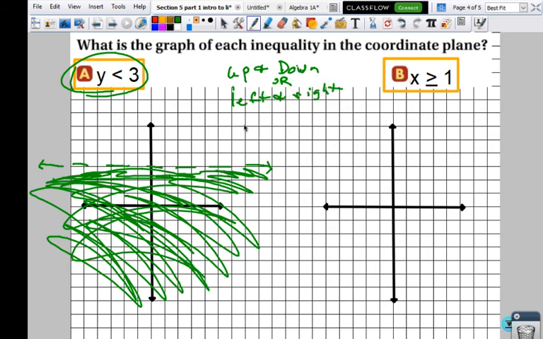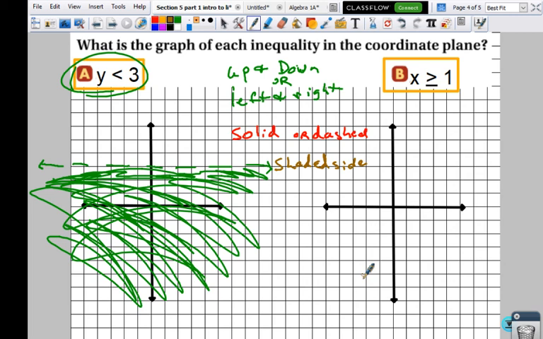The second one is going to be solid or dashed. And the third one is which side to shade. So you have to answer 3 questions.